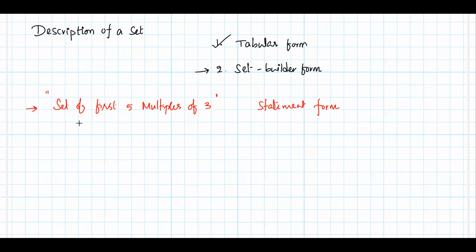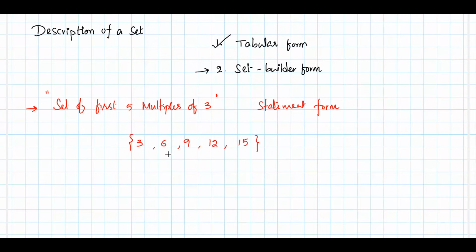So how do we do this? First, take the collection of elements here, set of first 5 multiples of 3. So 3 1s, 3 2s, 3 3s, 3 4s, and 3 5s. These are the first 5 multiples of 3. Then comma separated, and then we keep them in a curly bracket.